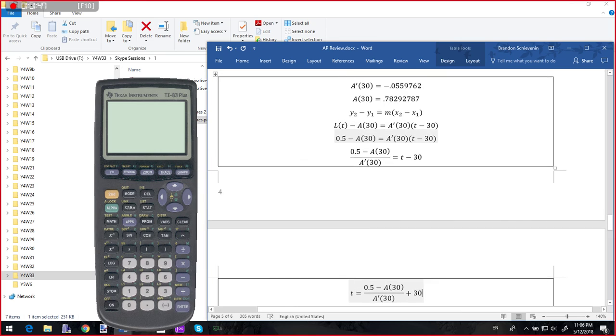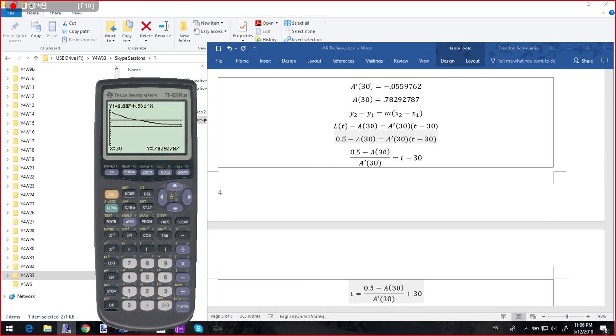So this is 0.5 minus A of 30, so 0.78292787.